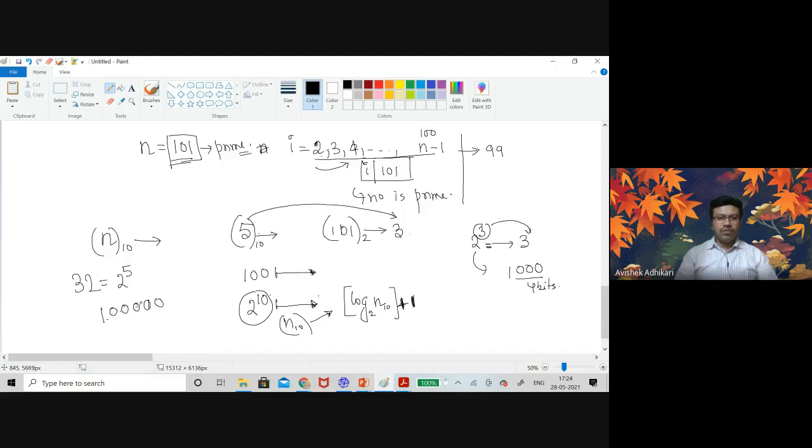So 1, 2, 3, 4, 5, 6. 6 bits are required. Say 31. What is 31? If this is decimal, 31 is 1, 2, 3, 4, 5. Let's check. So this is 1 plus 2 plus 4 plus 8 plus 16. Can you quickly check how much is this? How much is this?